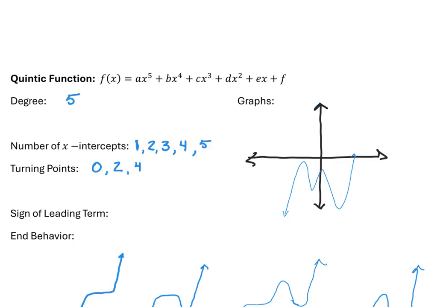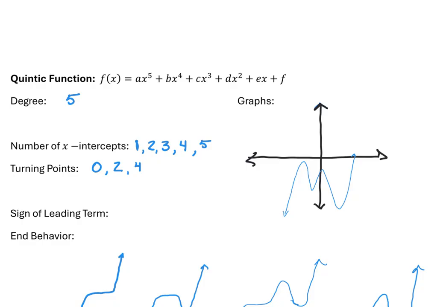Now it is not possible for, when we talk about polynomials, and we'll talk about this in just a second, for, remember, odd functions, because we do have a range of all real numbers, if our degree is odd, we will always have at least one x-intercept.